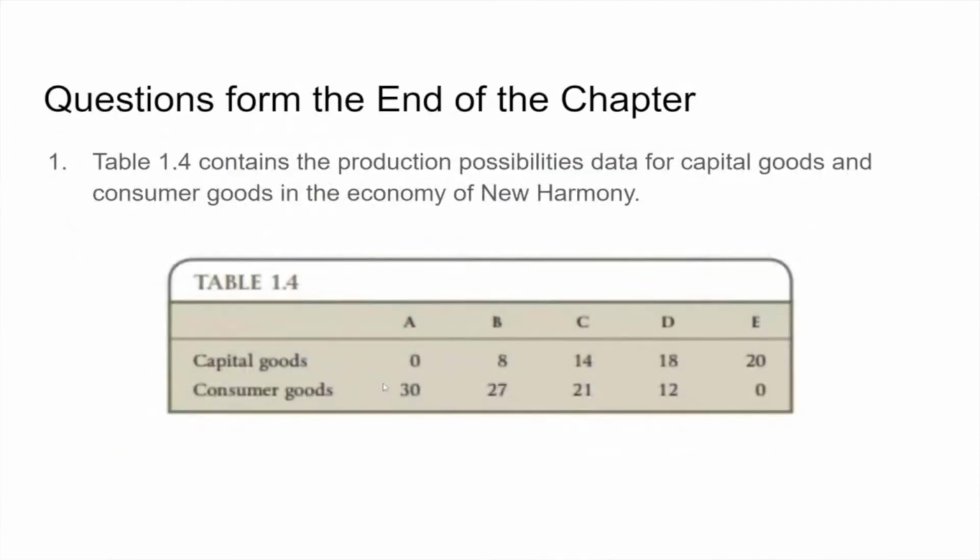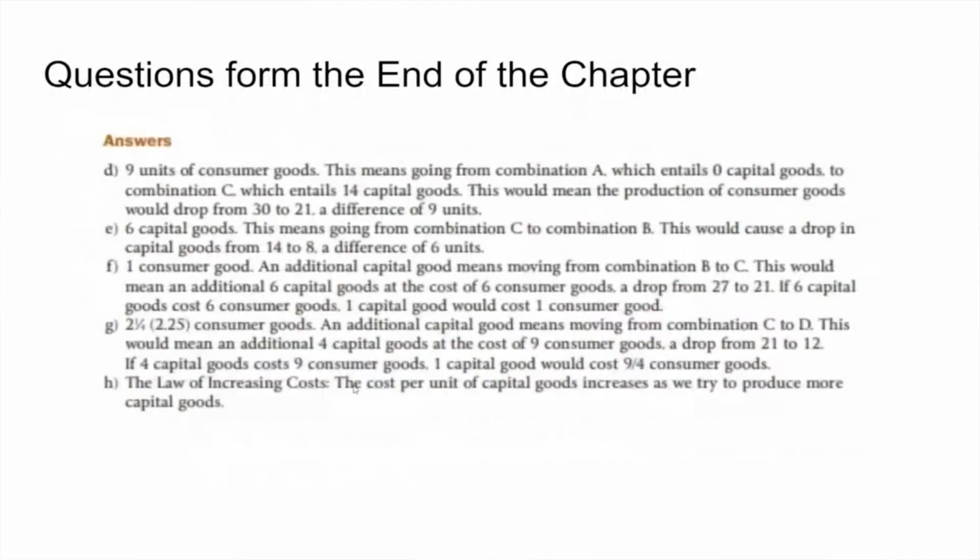The second one says the output potential for consumer goods has risen by 6 units in each combination A through D. So that was pretty straightforward. All we need to do is take this number and add 6 to it. 30 plus 6 is 36. 27 plus 6 is 33. 21 plus 6 is 27. 12 plus 6 is 18. And 0 plus 6 is 6.